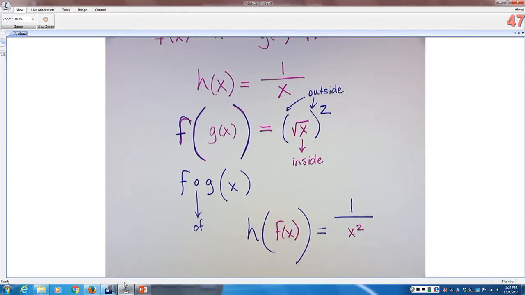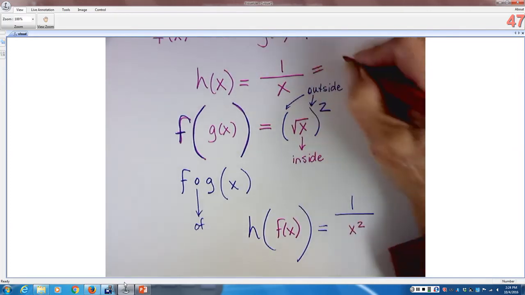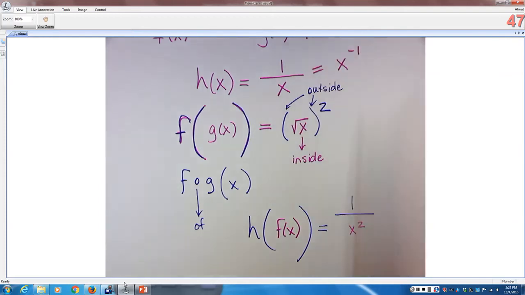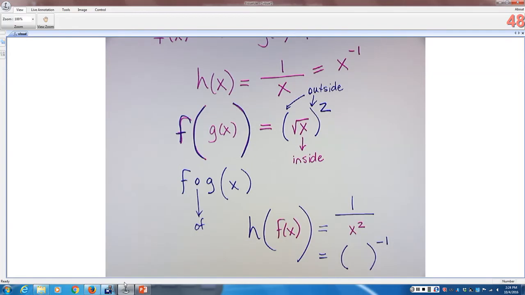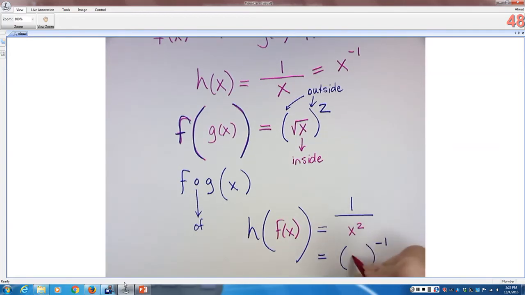Now in this case, it doesn't look as easy to tell what's the inside and what's the outside, does it? But what if I remember that 1 over x is also written as x to the negative 1? Then another way to write h of f of x is x squared to the negative 1 power.